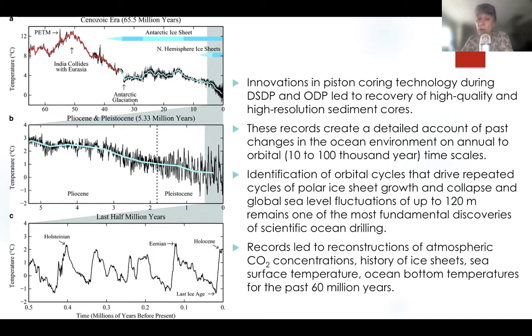Prior to the drilling program, we thought there were only 4 cycles, only 4 ice ages. And that was because we could only see the last 4 major warmings or the last 4 major coolings in the ice on records on land. And so we discovered that there have been hundreds of ice advances and ice retreats over the last few million years.